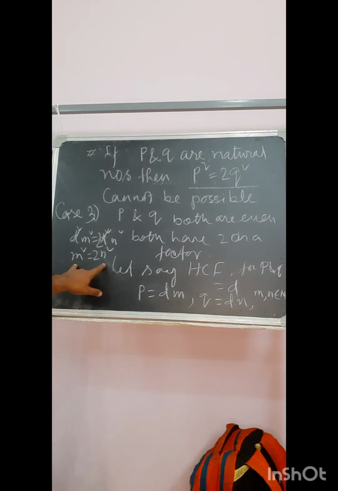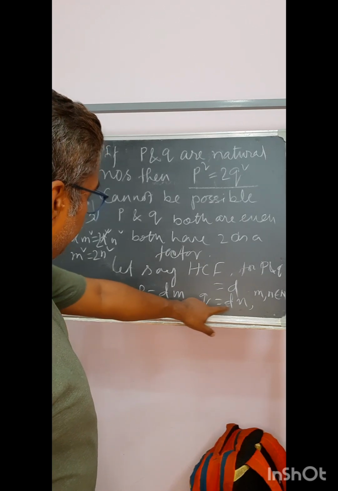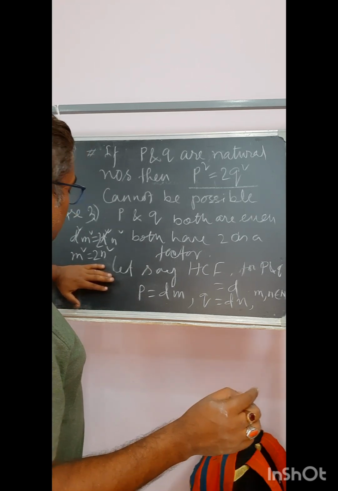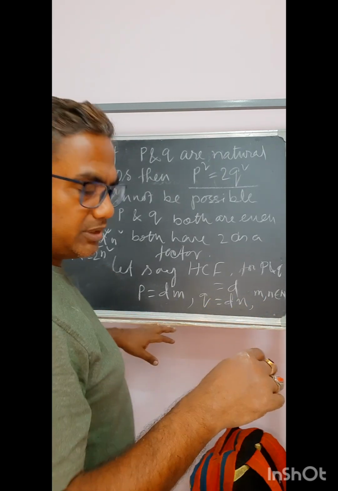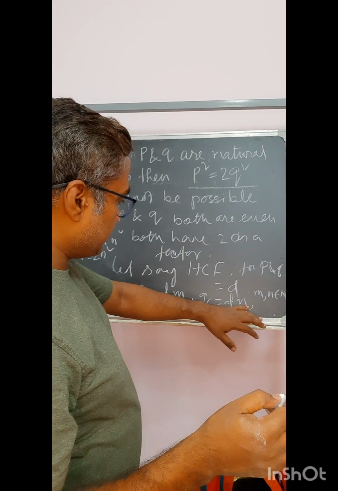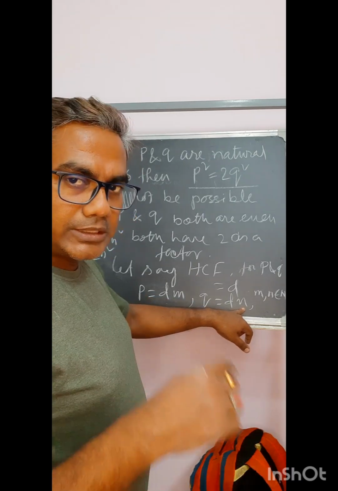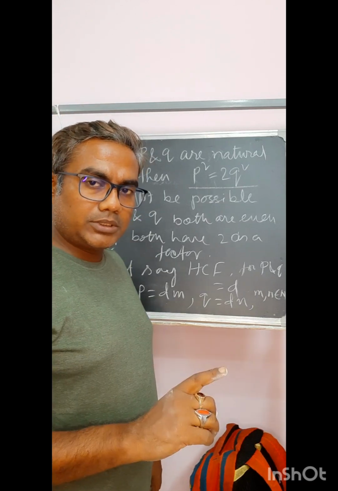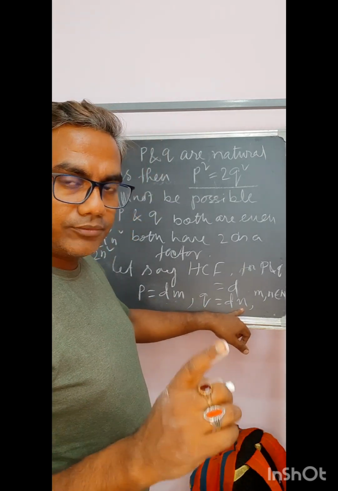So m and n are natural numbers and cannot both be even, because if both were even, 2 would also be added to D. So one of them is certainly an odd number, and the other could be even.